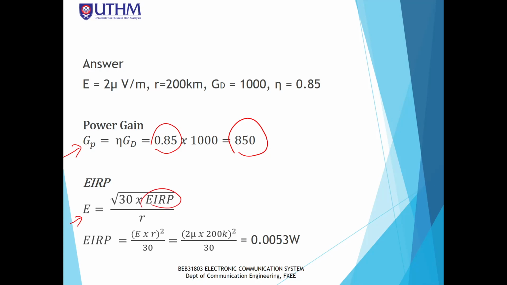This is actually P times G. So EIRP is equal to E times R squared divided by 30. So we get 0.0053.